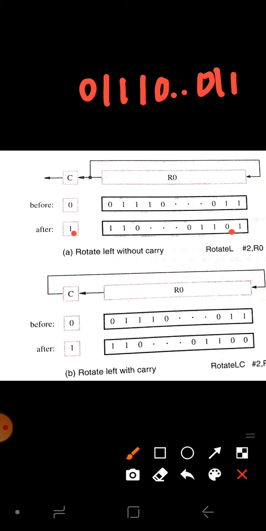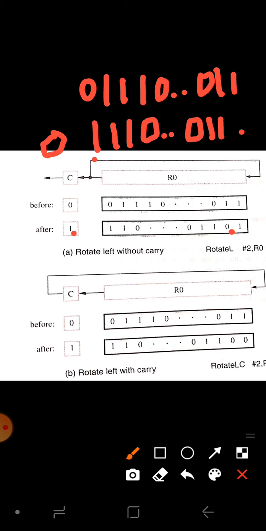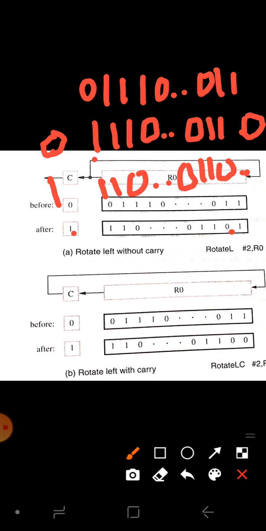So once you rotate this, for the first rotation, one position is vacated, so the same 0 will be put over here. For the next rotate, now it will be 1 1 1 0 0 1 1 0. Now where the position is vacated, the same 1 will be put over here. That is rotate without carry.